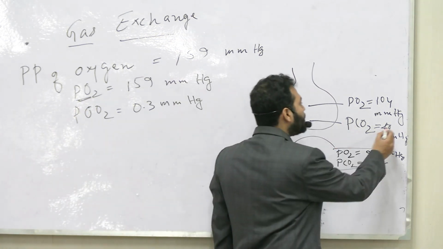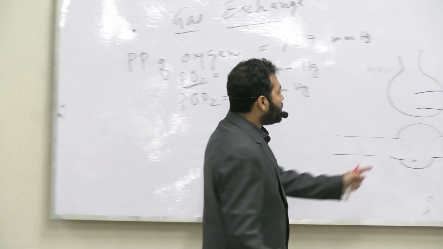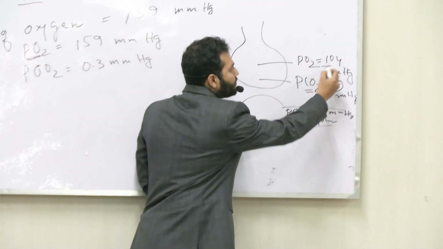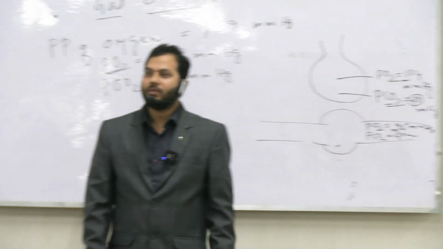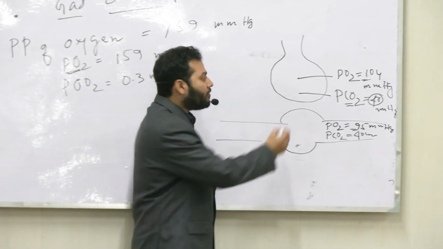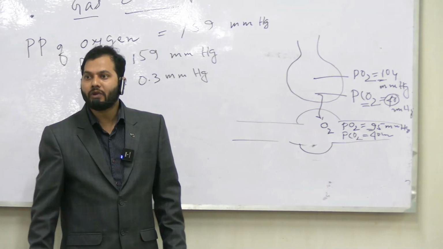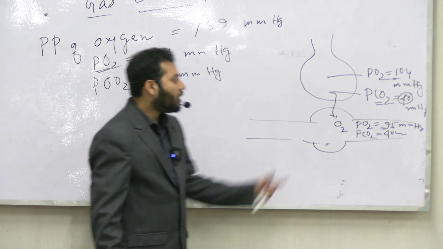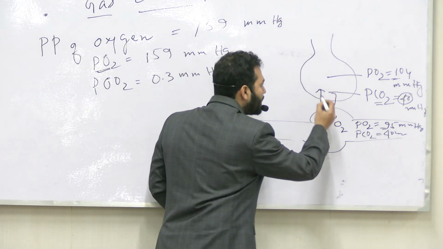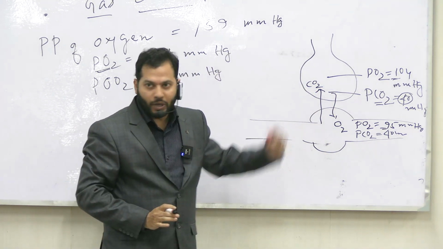So here you can see, again there is a pressure difference. So here the oxygen will diffuse from alveoli to the capillaries, and I'll explain when carbon dioxide will move from capillary to alveoli again.